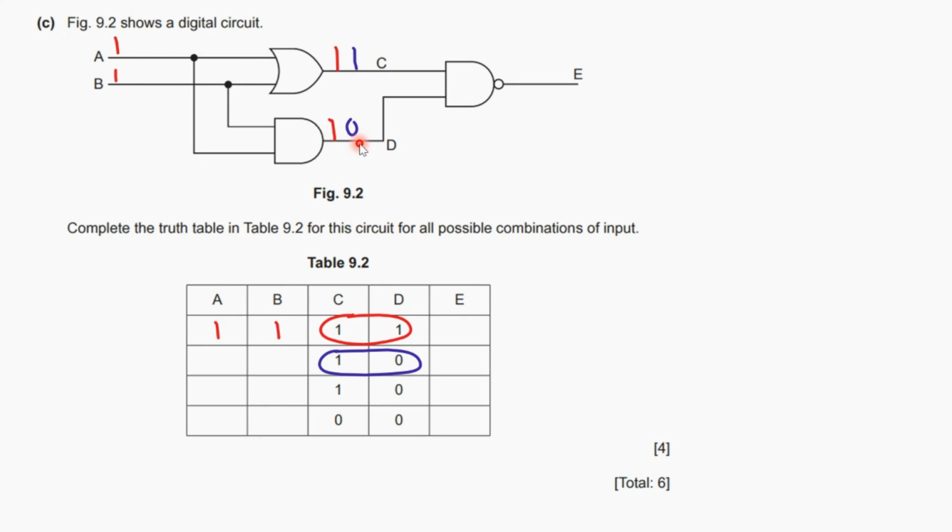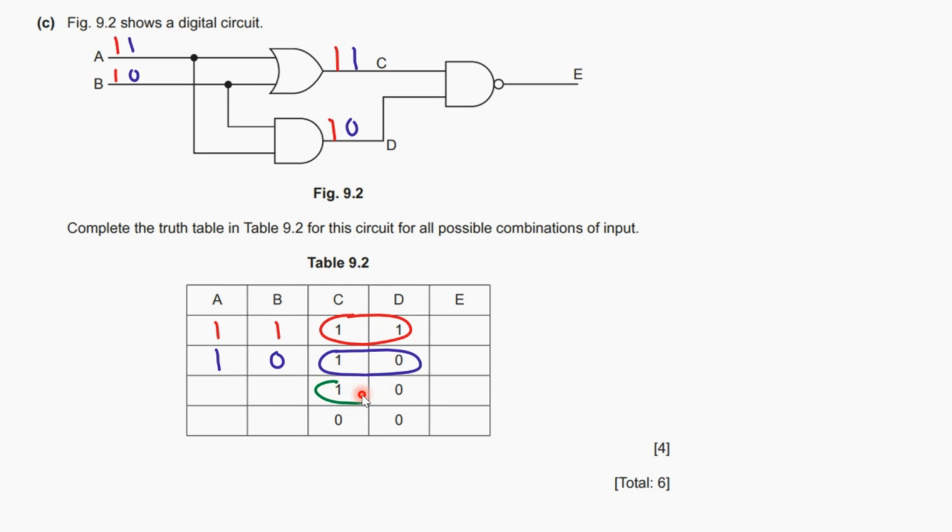But D being 0 means that one of them is going to be 0, no problem. If they are 0 and 0, it works, but we have to make sure that the output for the OR is going to be 1. So one of A and B must be 1, and the other one can be 0. So I would say A is 1 and B is 0.